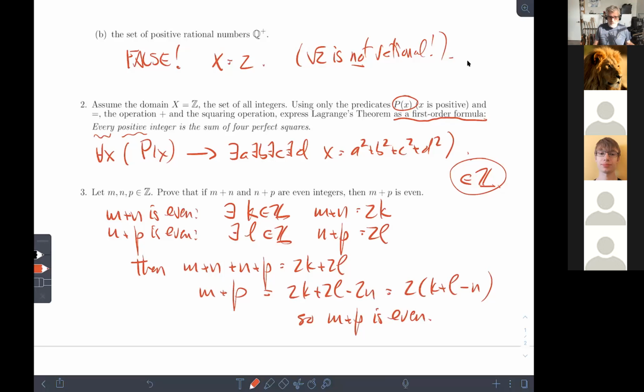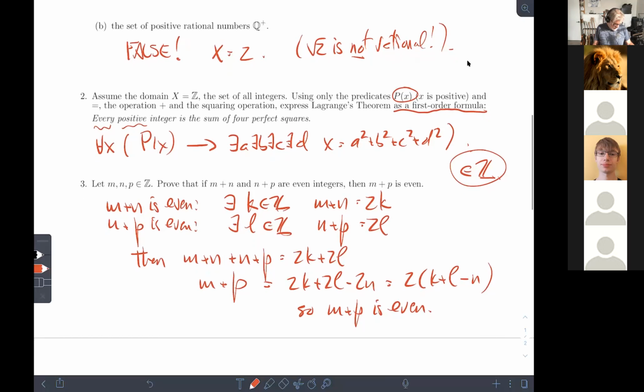But you have to prove that. You have to argue that they can't be otherwise. Why is it the case that m plus n is not even if m is odd and n is even, for instance? You have to write that down. You have to prove it. So that's painful and long, but if you do it, it's fine. If you write a 27-page proof for something and the proof is correct, then it's correct. That's math. That's the beauty of it. So I'm not giving or removing points for style here, only correctness.